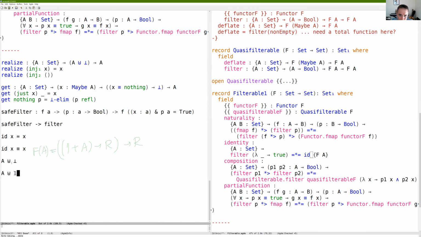So the A is actually functorial in A because it's like a double negative. I was confused about it being on the left of the arrow. That's correct. So it is a covariant functor. It is, however, filterable. So you can easily implement, for example, deflate. Right? Deflate: F of 1 plus A going to F of A.